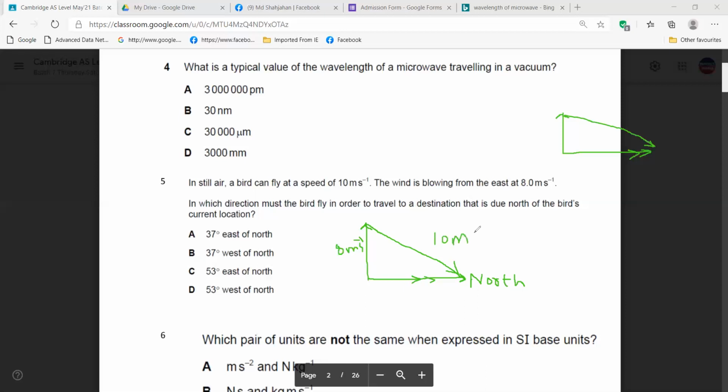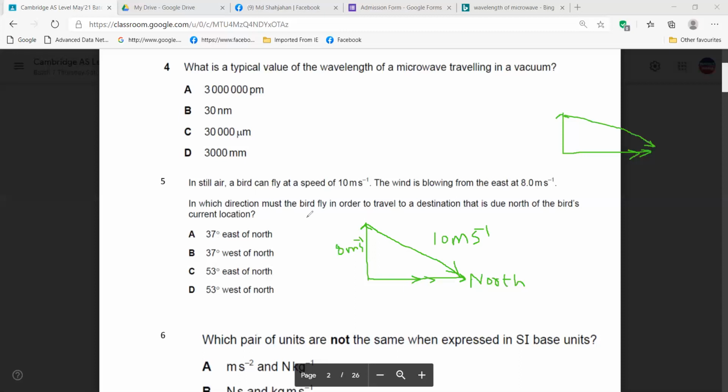Now we have to check the angle. Look, we have here 37-degree east of north, 37-degree west of north, 53-degree east of north, then 53-degree west of north. First you find, is it east of north or west of north?